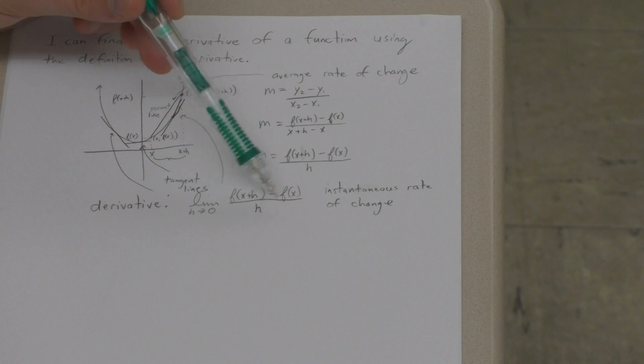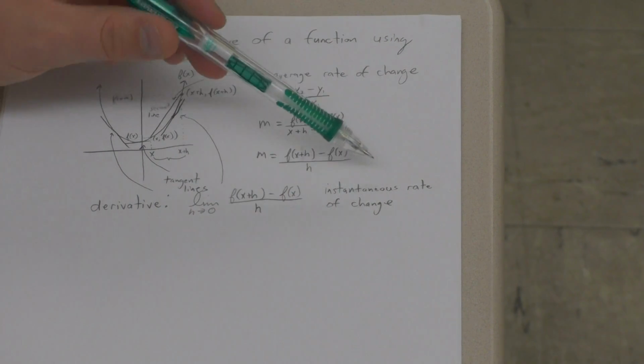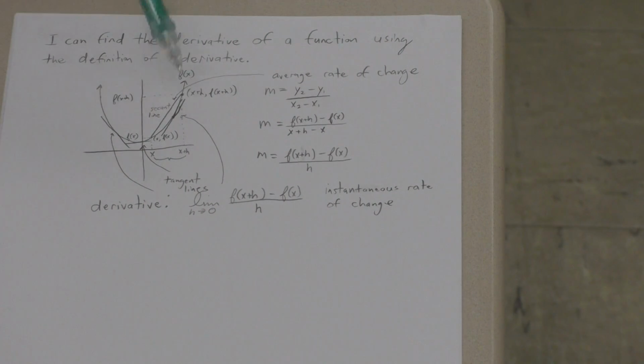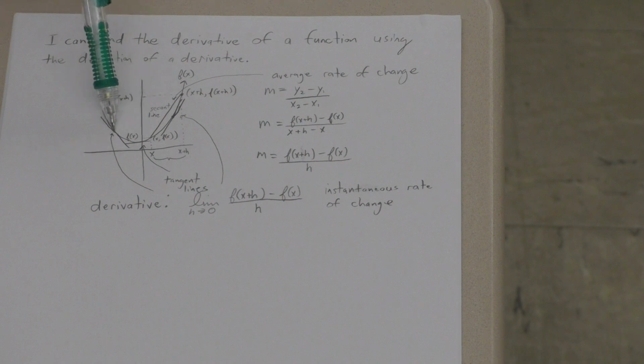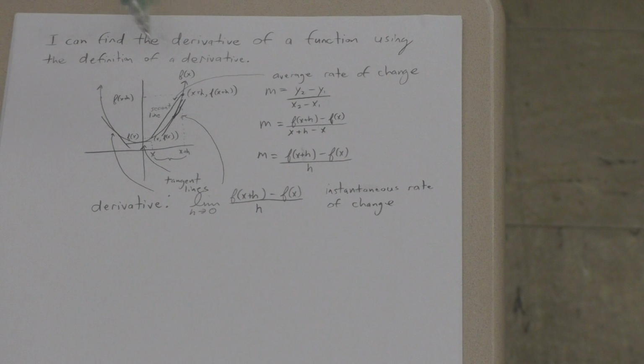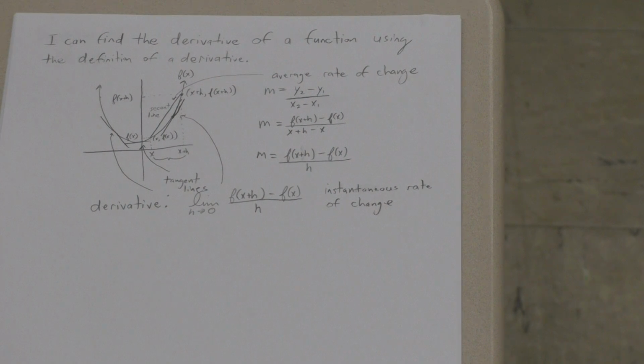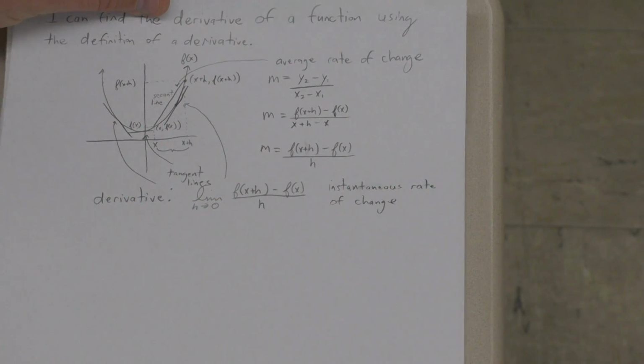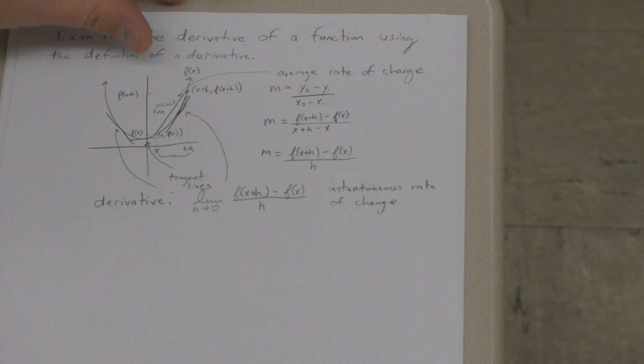So the limit of this average rate of change gives us what's called an instantaneous rate of change, because it's a rate of change at a specific point, or at specific points along the f of x, and it gives us these tangent lines right here. So this will give us the slope at any point along that function. That's our basic definition of a derivative. So we're going to use this definition to find derivatives of different functions.